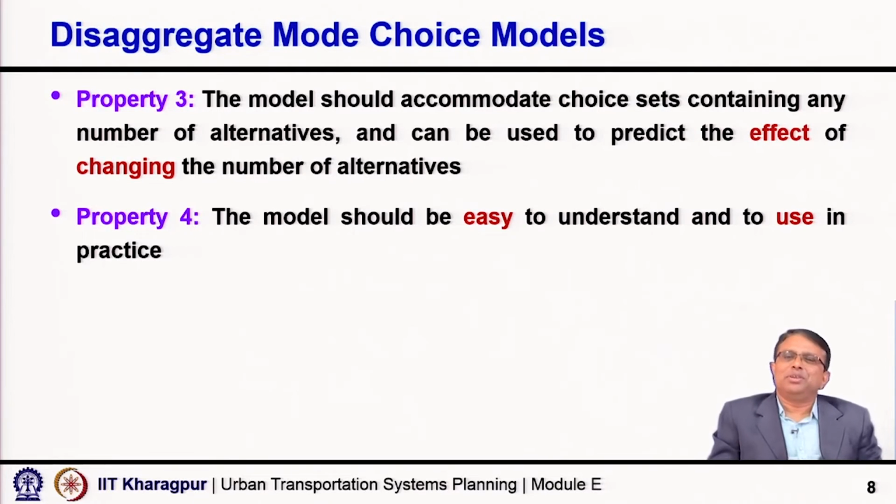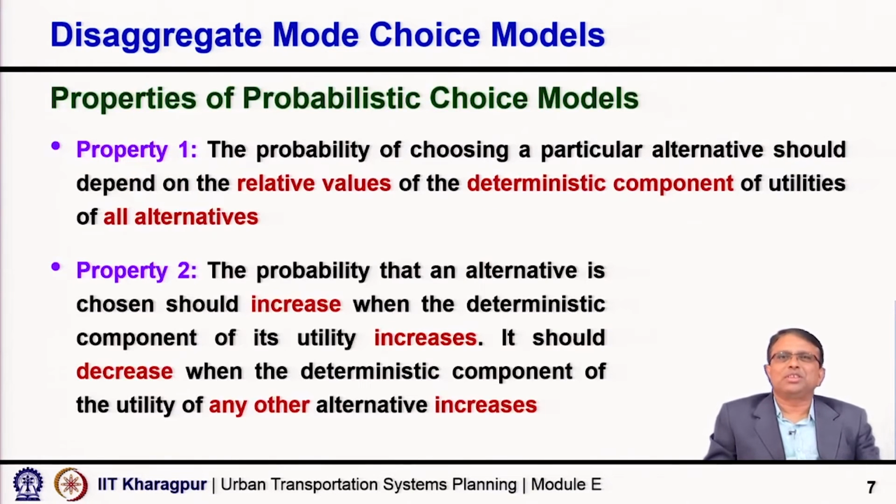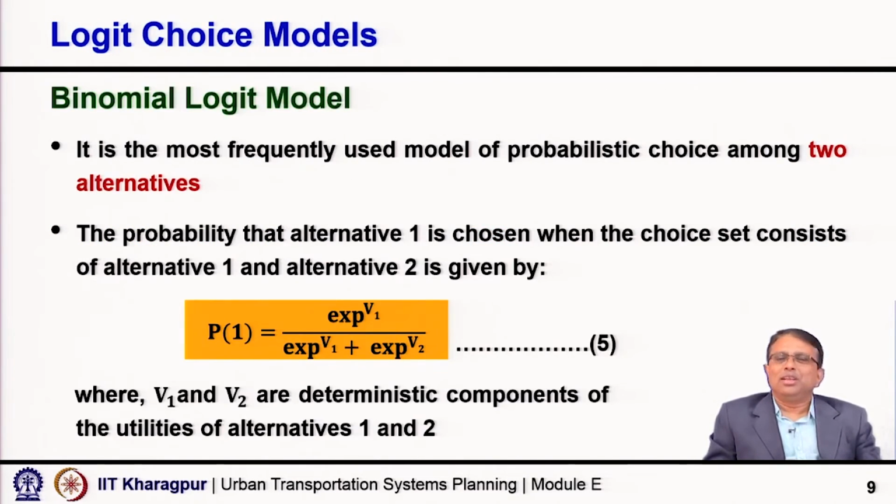Ultimately, practitioners will use these models, so the model should be such that one can easily understand and use it in practice. All these 4 properties are desirable properties of a probabilistic choice model.